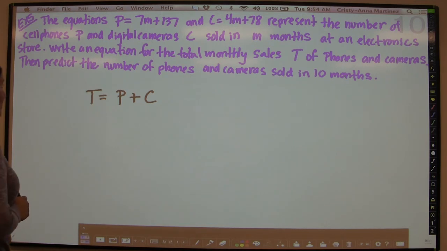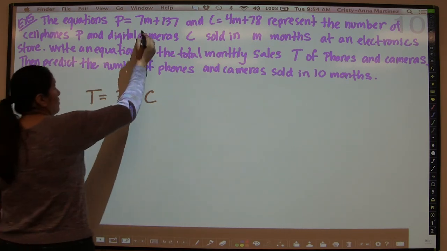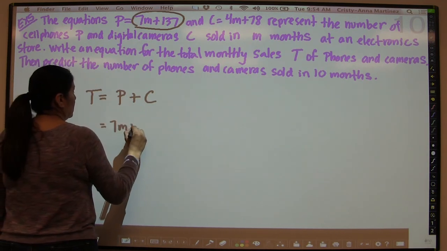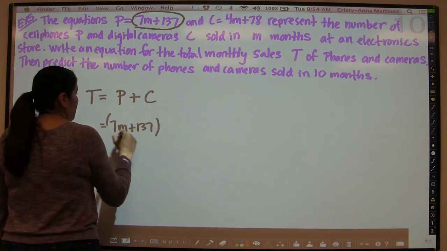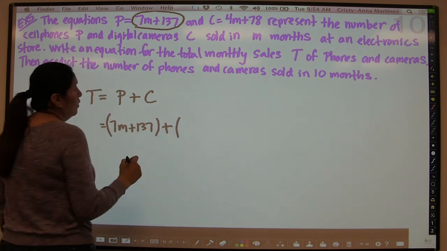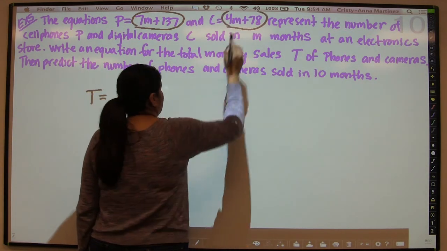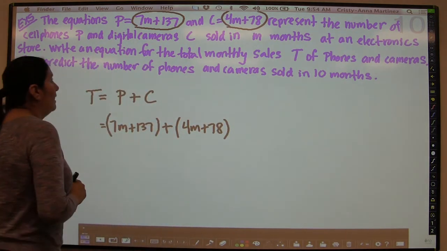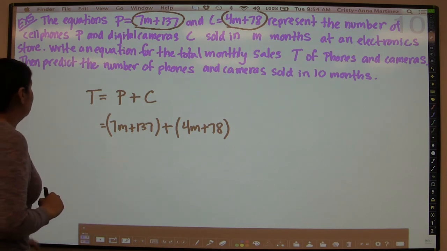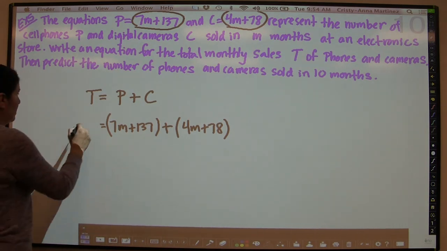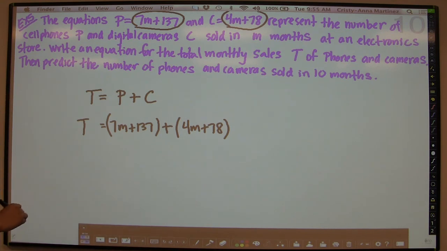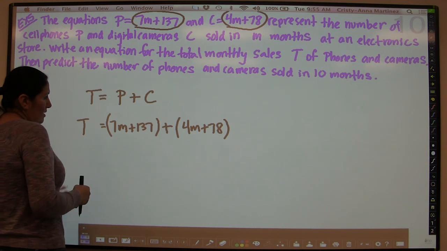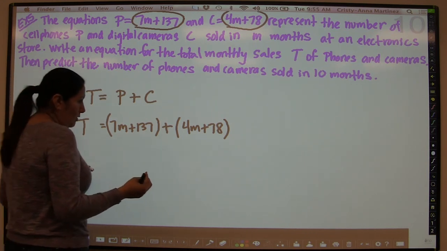And since we know that p equals 7m plus 137, we can substitute p with 7m plus 137, and we can replace c with 4m plus 78. All right, and hence why it says in the second portion, it says predict the number of phones and cameras sold in 10 months. So first we're going to combine these two equations. So we're basically adding two separate polynomials together.